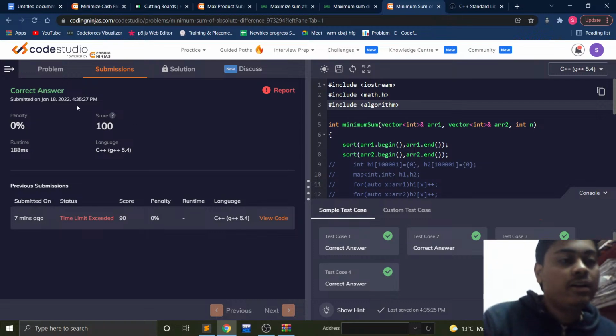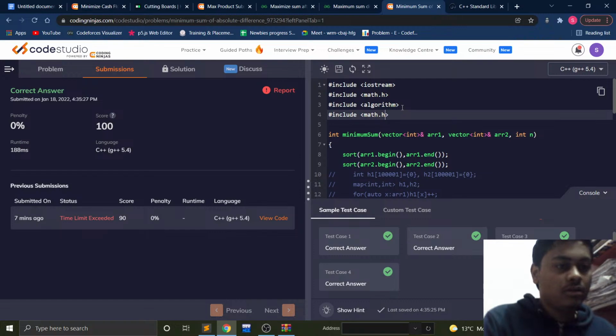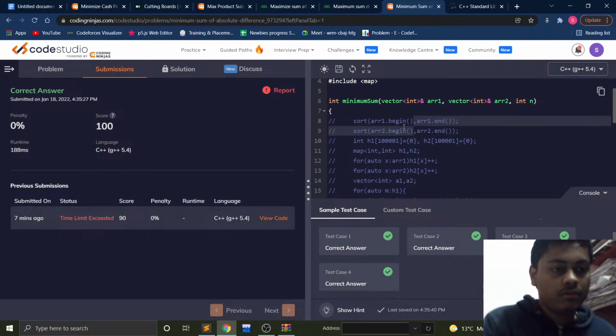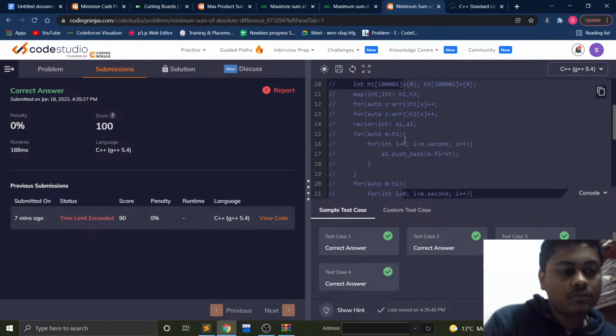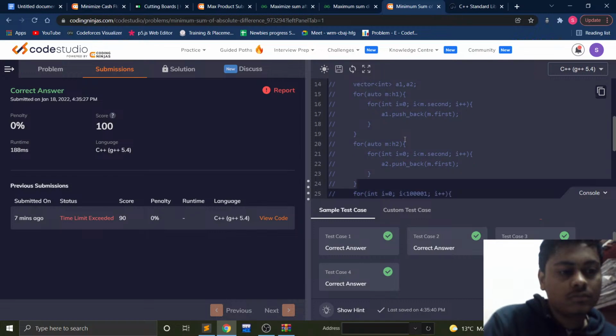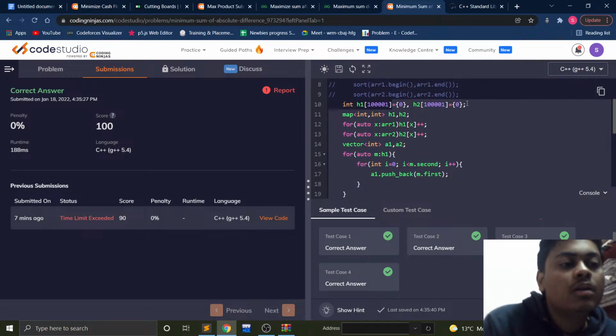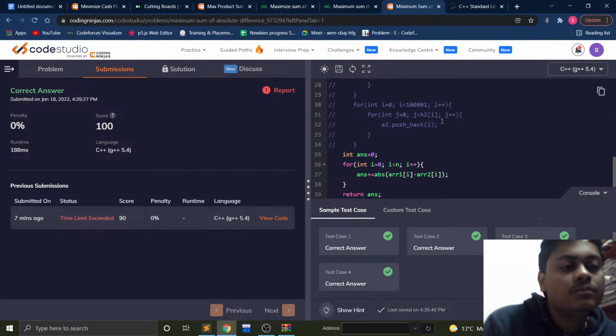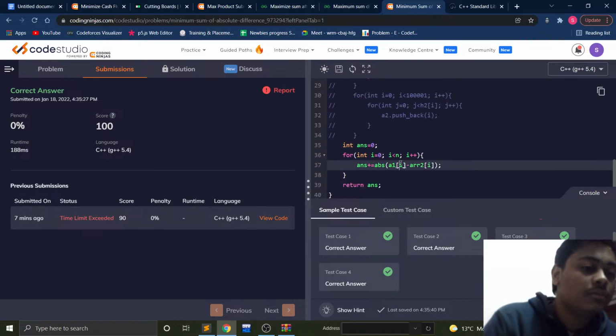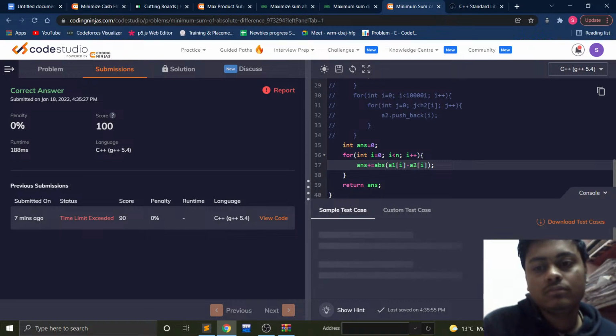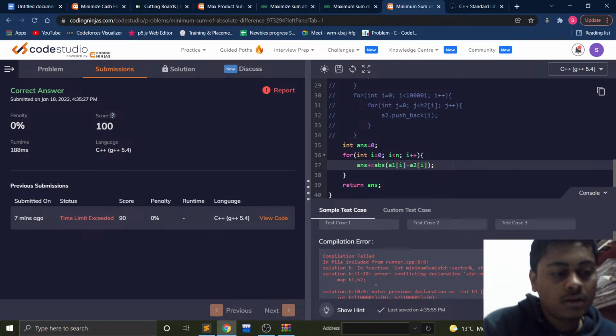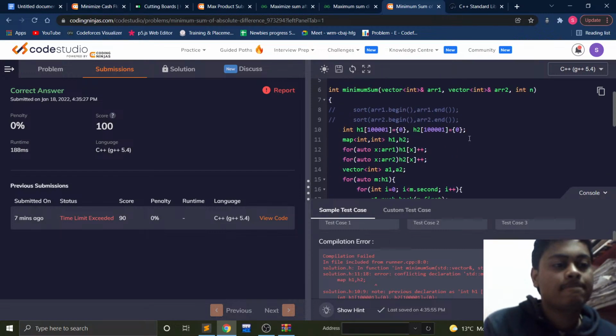Let us also try to find if map would work, if our sorting, which we were doing, would have worked. Yes.